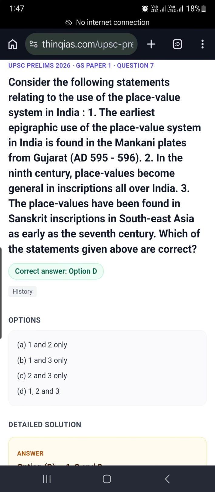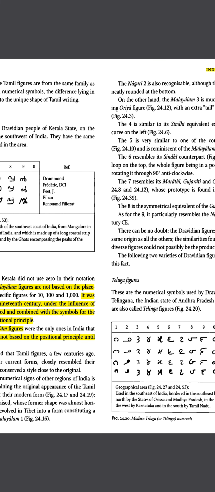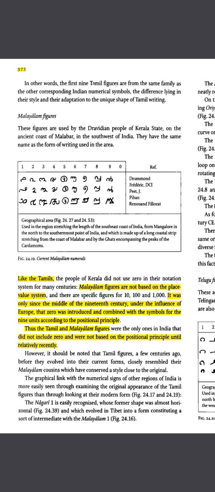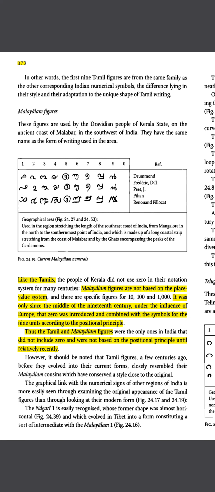And what is the evidence for the same? What they are saying in the second statement is that in the 9th century, place value becomes general in inscriptions all over India. Now place value is a system in India, and that place value system is visible in inscriptions all over India in the 9th century. We are refuting that statement because of one book, by the author Georges Ifrah, on numerical notation, which says that Tamil and Malayali figures are not based on the place value system in the 9th century.